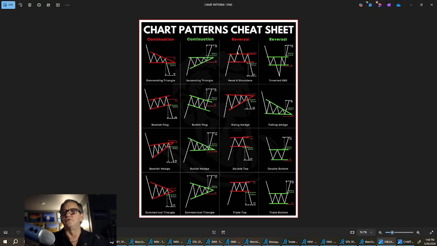Then we have what you call a head and shoulders, which is a bear flag. We have a rising wedge, which is a bear flag. We have a double top. And we have a triple top. See, this one here, somehow I got to looking at these two.